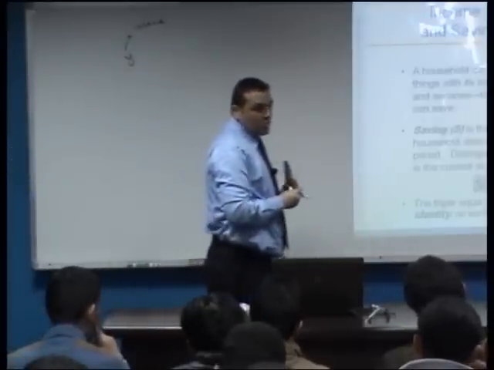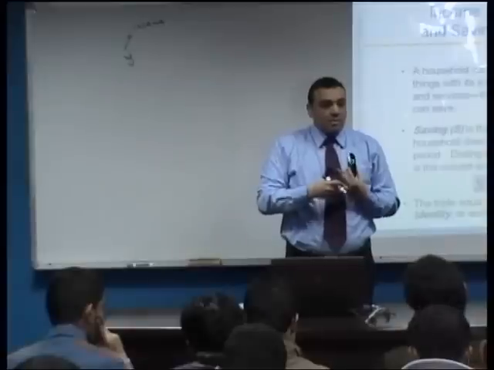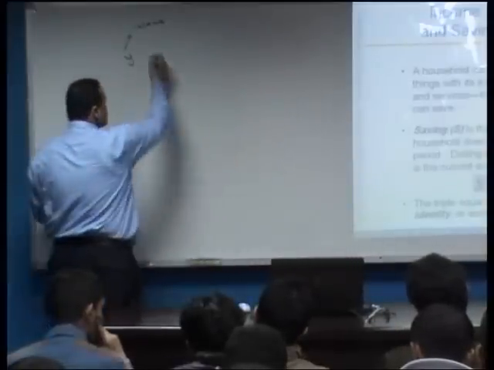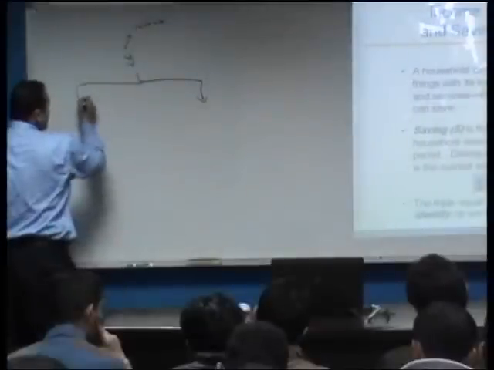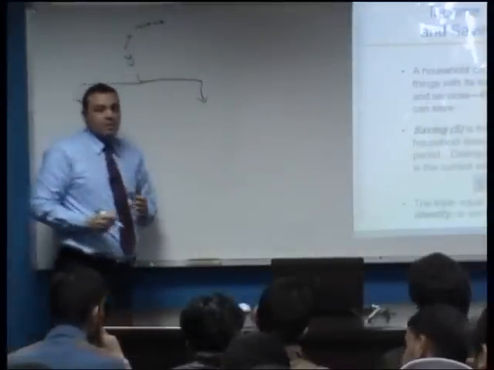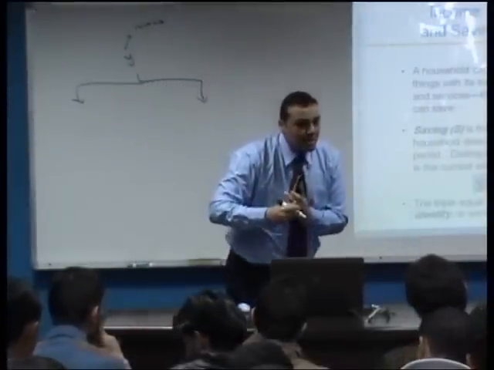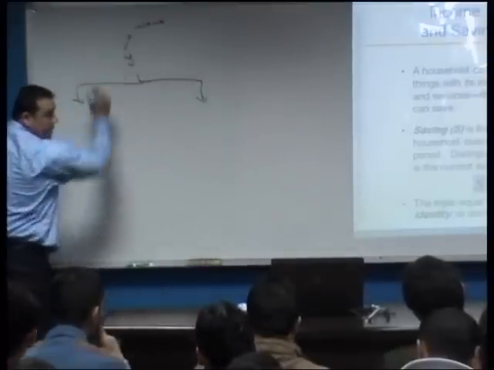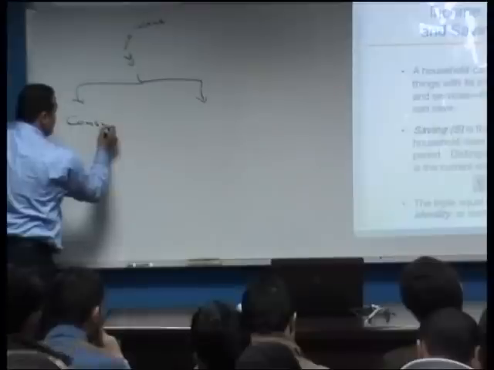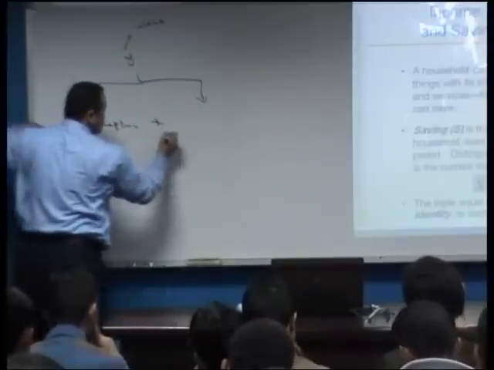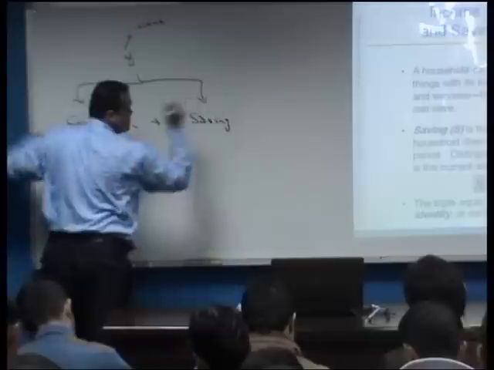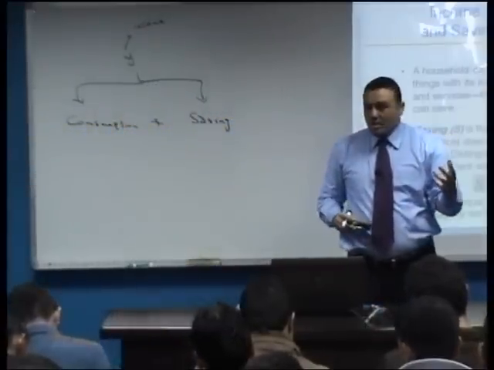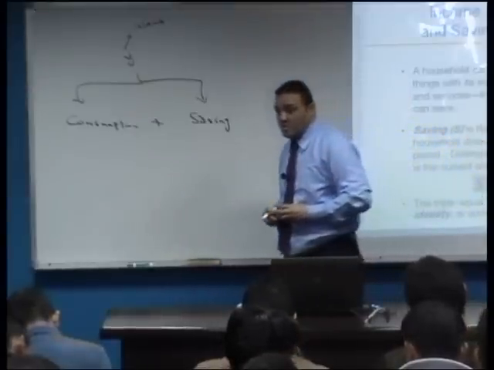You distribute your income for two things. Part of your income will go to what? To consumption, and the second part will go to what? Saving. So Y, income, equals consumption plus saving. Part of your income goes for consumption, and the other part goes for saving.